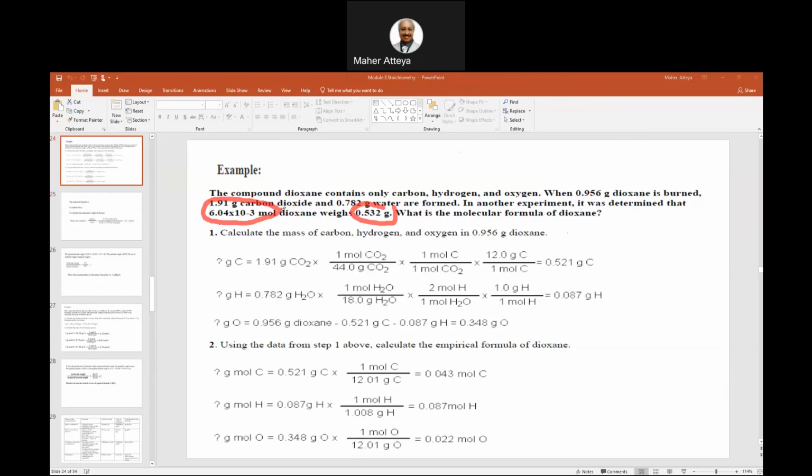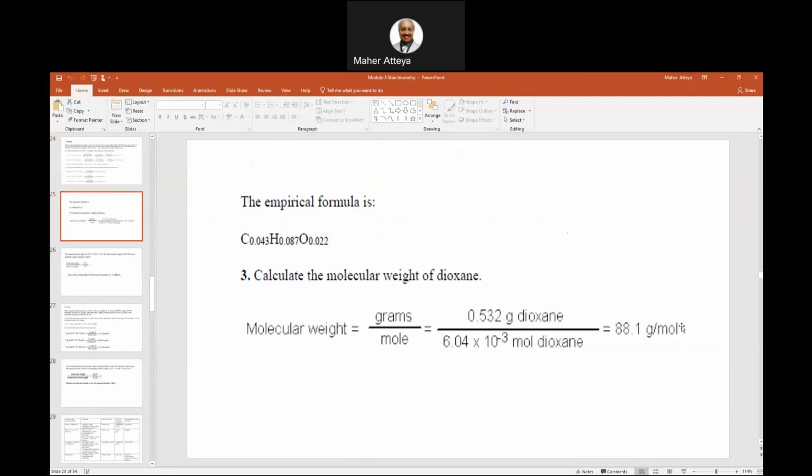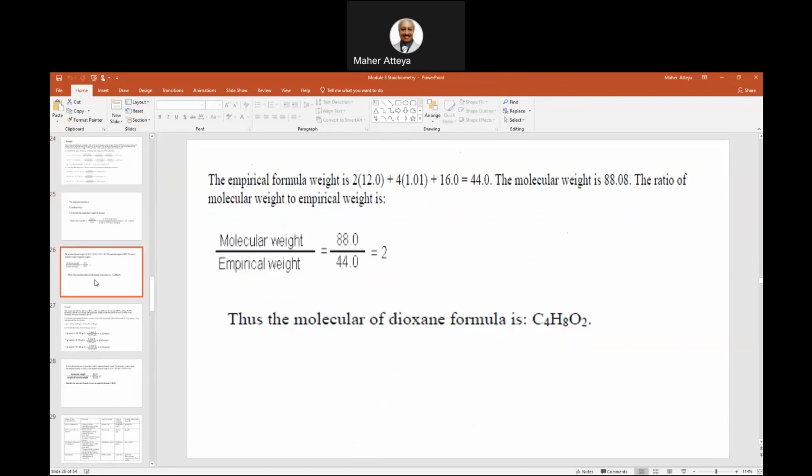So the molar mass is mass in grams divided by number of moles to get grams per mole. So you divide those two together to get the mass. That's the mass of it. This is 88, correct?